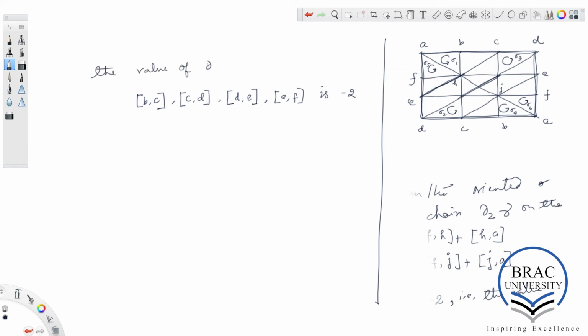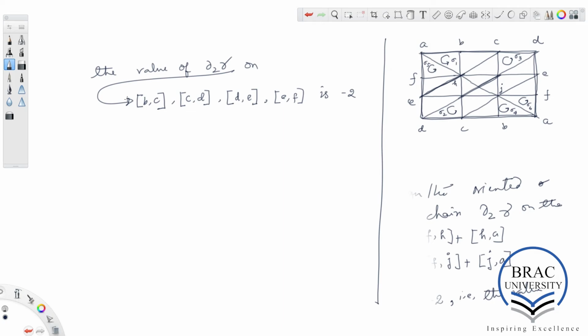We just have shown that del 2 gamma on A comma B is minus 2, and we similarly have shown that its value on F comma A is minus 2 as well.